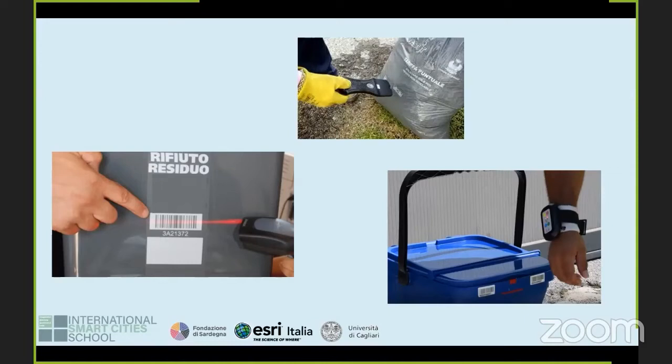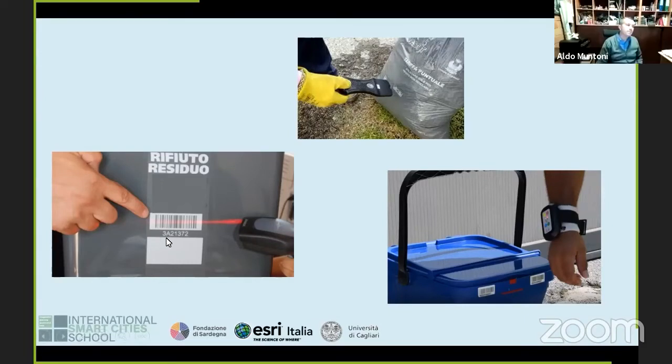And then actually we pay on the basis of the number of times we put the container on the street. So the municipality supposes that if you put the container on the street, the container is completely filled up, and they take into account the corresponding amount of waste.